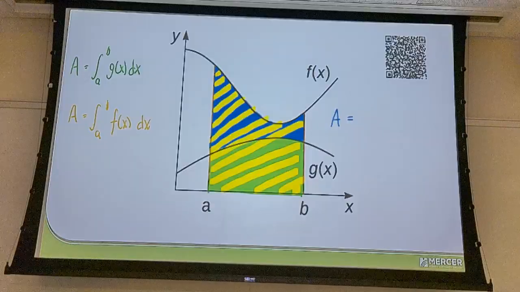Well, if you now look at that blue shaded region, can't we just take the yellow region and remove the green? So just cut out the green and we're left with the blue, right?